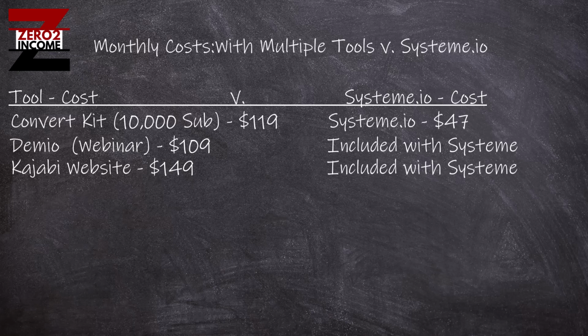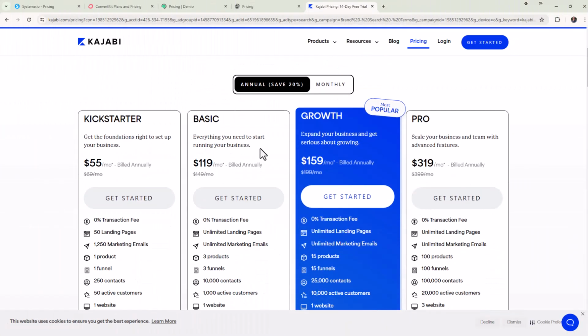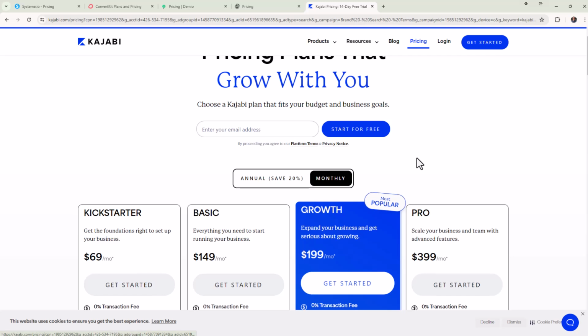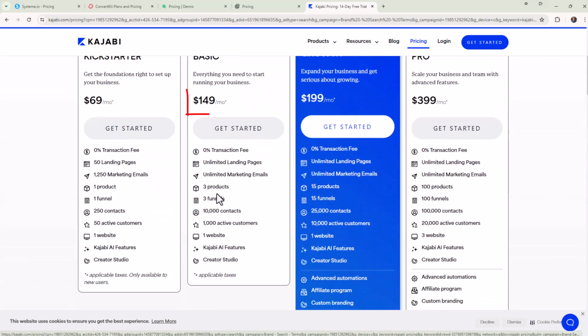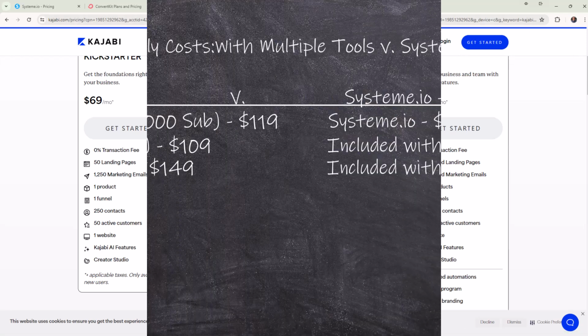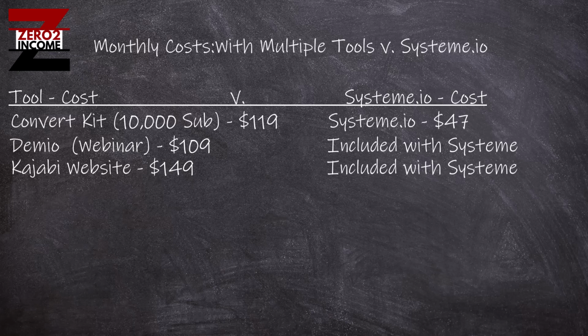And if we look at the Kajabi pricing, this is still kind of iffy, but we're looking at $149 a month, and that's only if you're using 3 different products and are okay with just 3 funnels. A lot of my clients have a lot more than 3 funnels. The people that I work with are probably looking more at $199 per month, but we're going to go with the $149 per month. So again, that's what we're looking for, the website.